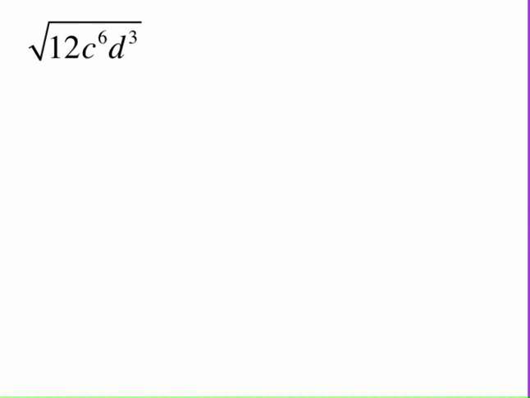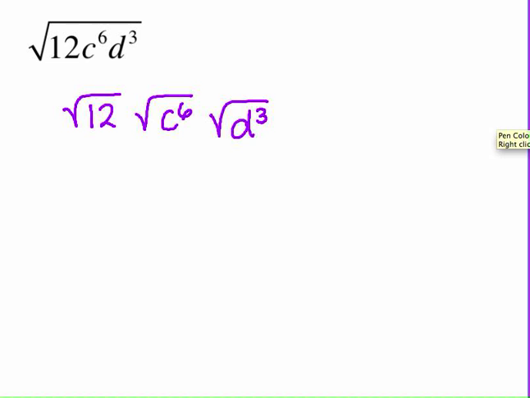Let's look at another one. The square root of 12, c to the 6th, d cubed. Let's go ahead and split all those up. I think it'll be easier to look at them individually as opposed to collectively. So let's break down root 12: 3 and 4, and then 2 and 2.